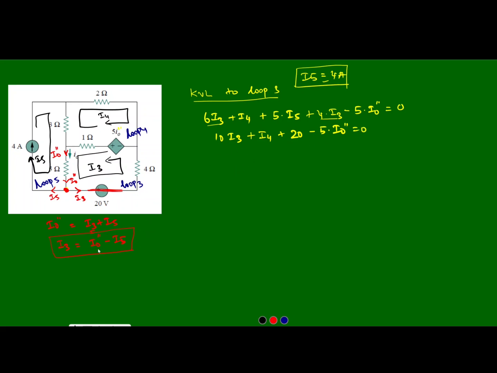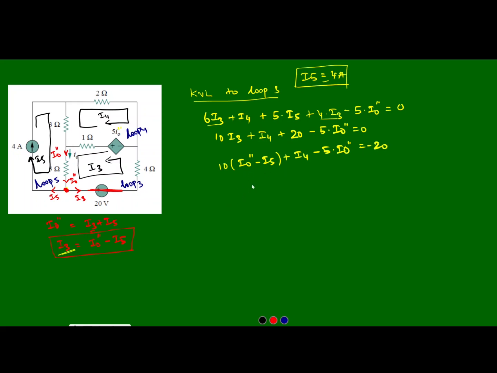Now we apply the value of I3: 10 into I0 double dash minus I5, plus I4 minus 5 into I0 double dash is equal to minus 20.